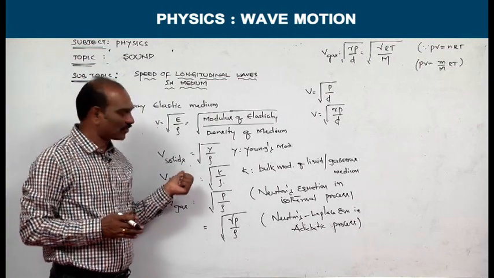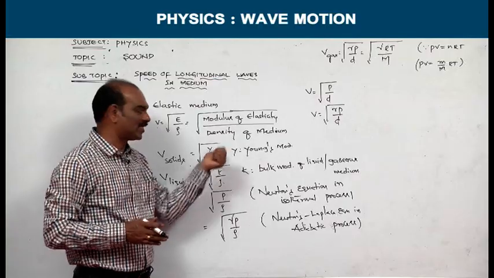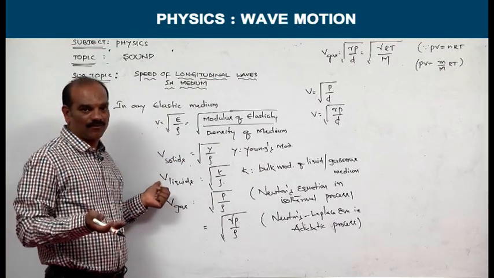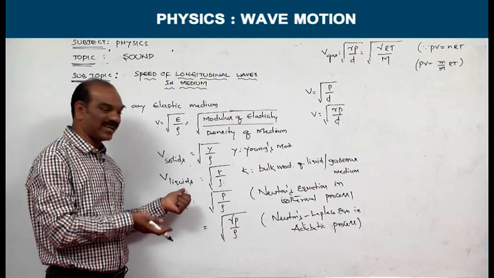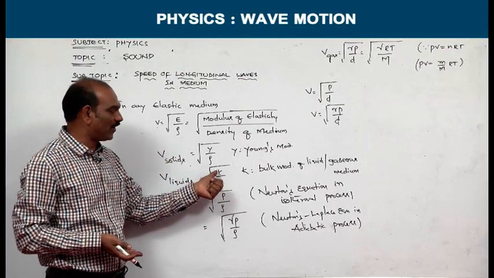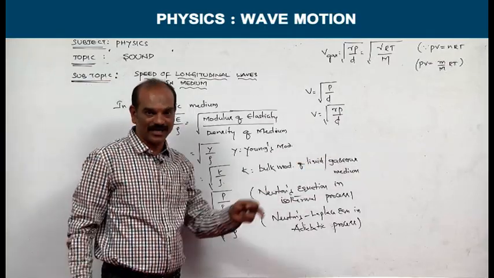Through solids, V = √(Y/ρ), where Y is Young's modulus and ρ is the density of the medium. The velocity through liquids is √(K/ρ) or √(K/D), where K is called the bulk modulus of the liquid or gaseous medium.